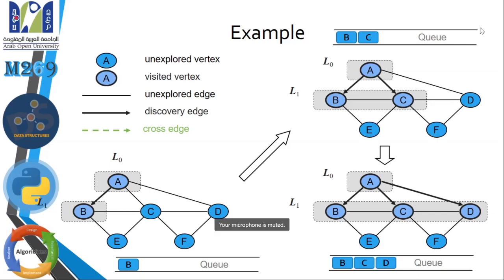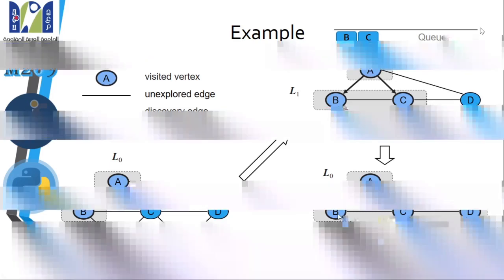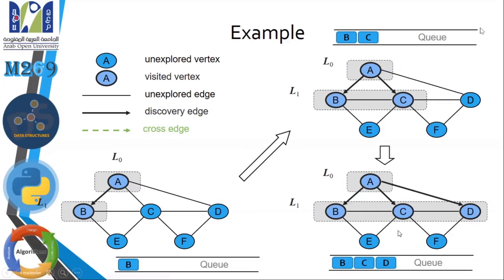I visited now all the neighbors of B. A visited, C visited, E visited. So what is the next? Anyone? Just guess. We will remove B and then go to C. Okay. So now we will remove B. That is true because now we are done with B and the target now is C.